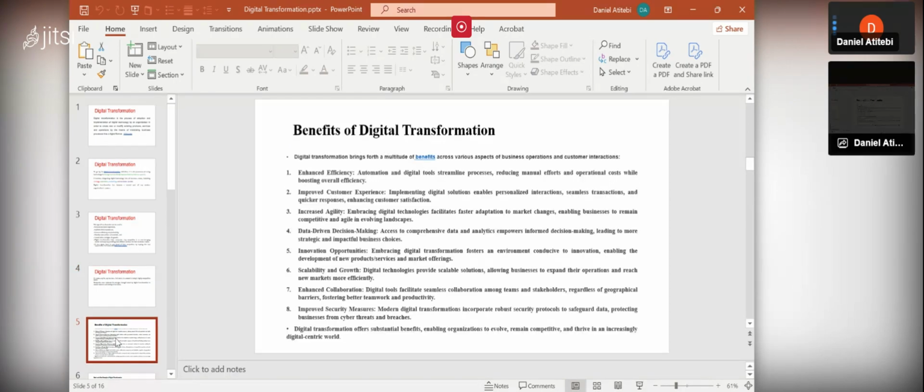You can also further say that you can get a lot of benefit from adopting digital transformation in your business, because it enhances efficiency. Automations and digital tools streamline processes, reducing manual effort and operational costs while boosting overall efficiency.